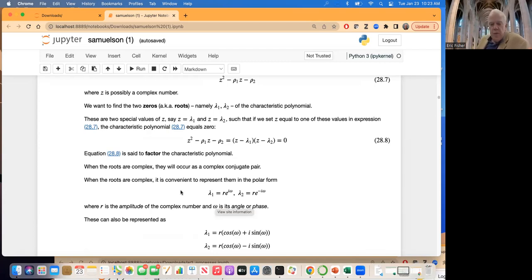When omega is 0, what is i times 0? Amal, what's i times 0, buddy? 0. What's e raised to the 0 power? 1. All right, so therefore, when omega is 0, this thing is r times 1.